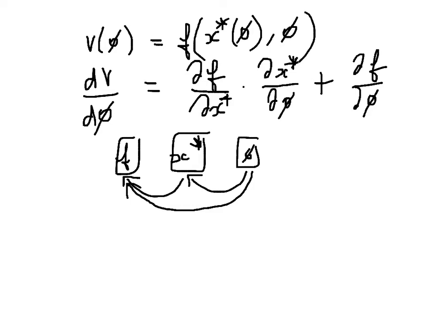Now the really important thing to see here is that because f is maximized at x star, this item here, the partial derivative of f with respect to x star, that's equal to 0. And that's just because of the first order condition of maximization. So partial of f with respect to x star is equal to 0.